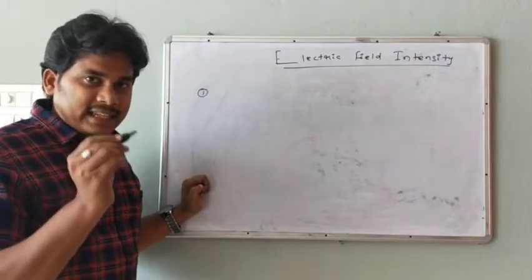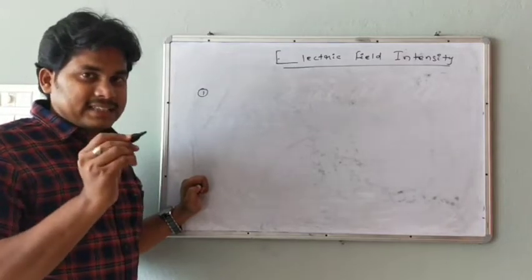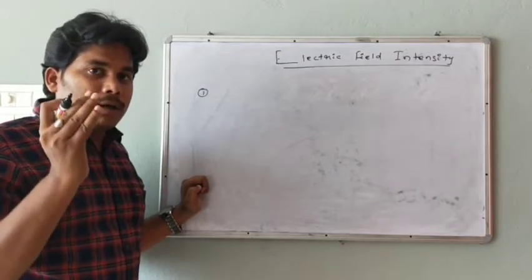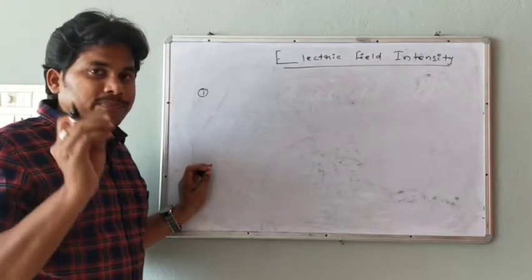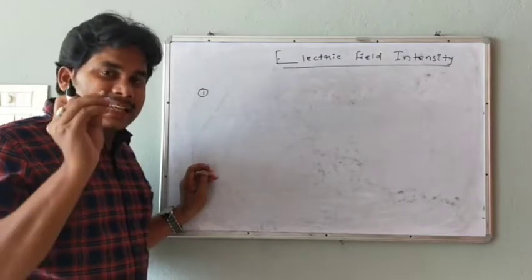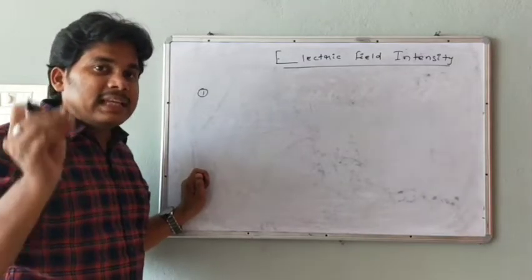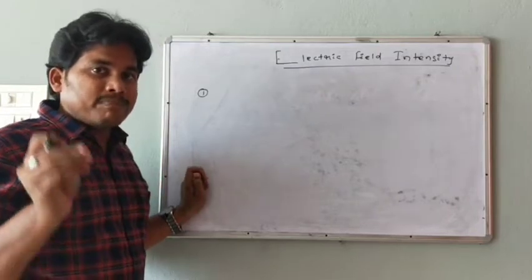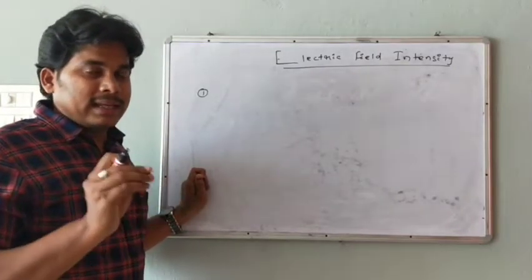Electric field intensity at a point in an electric field is defined as the force per unit area at that point. Electric field intensity at a point in an electric field is defined as the force experienced by a unit positive charge at that point in an electric field.